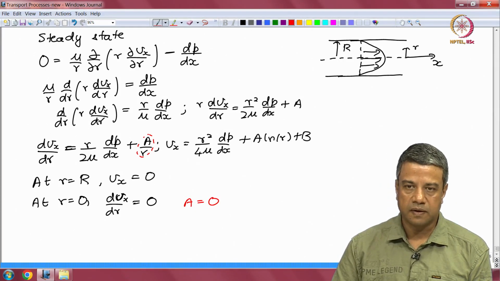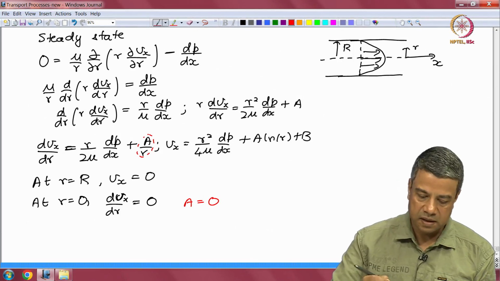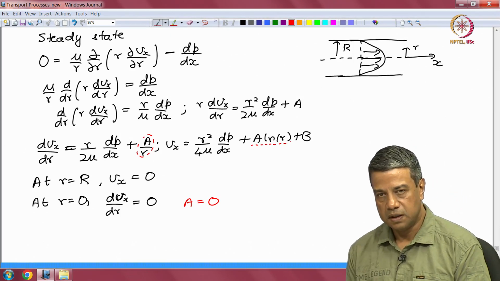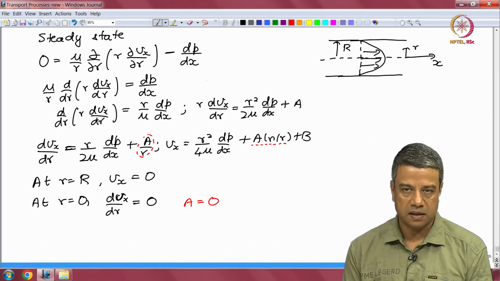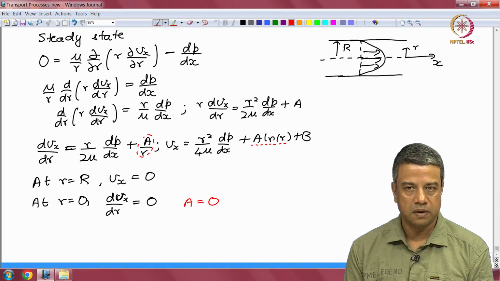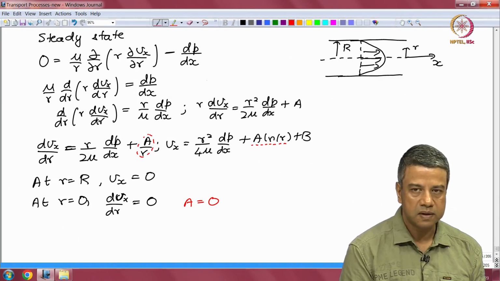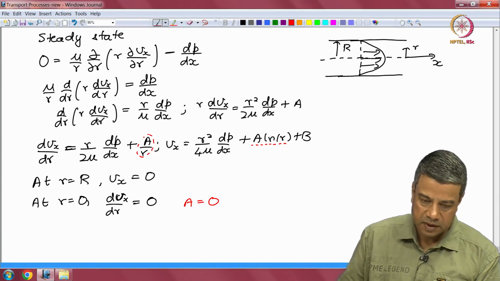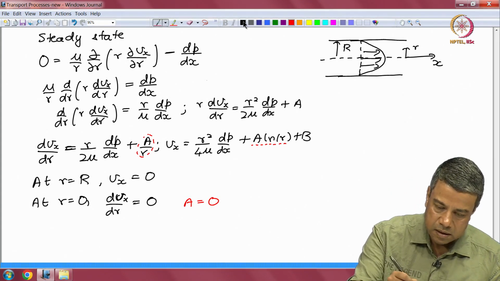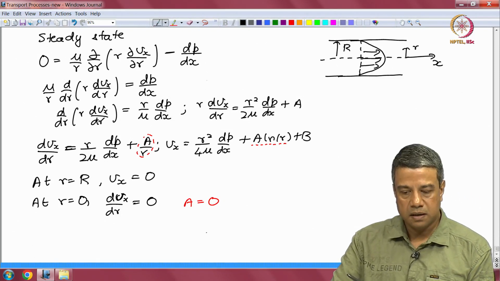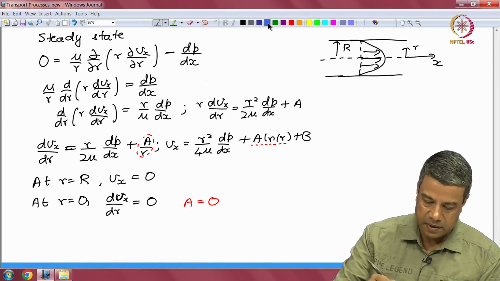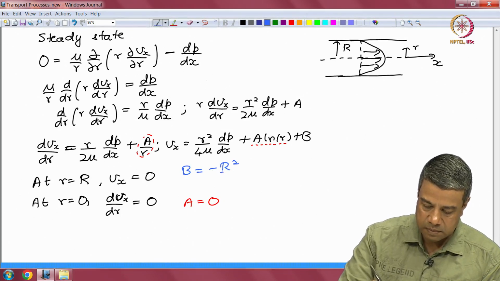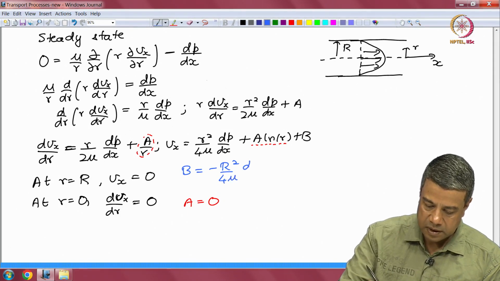Another way of understanding this is that the velocity has a term A times logarithm of r. If the velocity has to be finite at the center, then A has to be 0, because the natural log of r goes to infinity at the center. So, therefore, A is equal to 0. The other condition gives you a relation for B. B is equal to minus R square by 4 mu dp by dx.